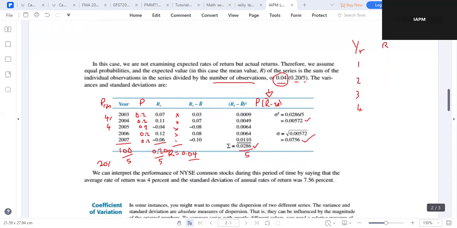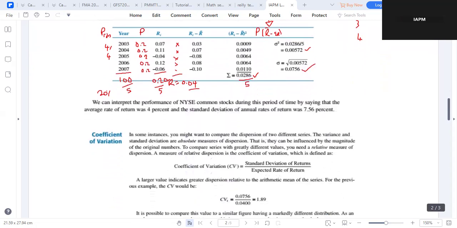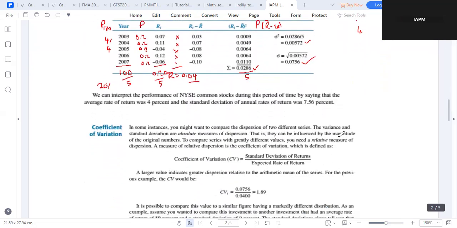Okay, so to find the coefficient of variation, we said it's simply the standard deviation divided by the expected return. So in this case, our standard deviation was 7% and our expected return was 4%. So dividing the two, we're going to get our coefficient of variation, which is 1.89.